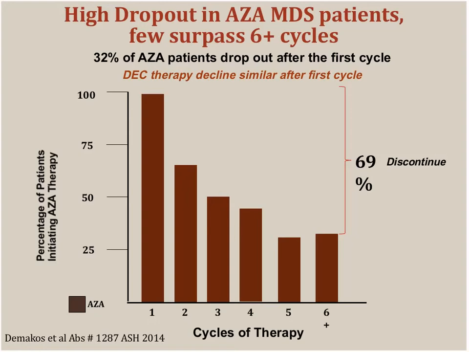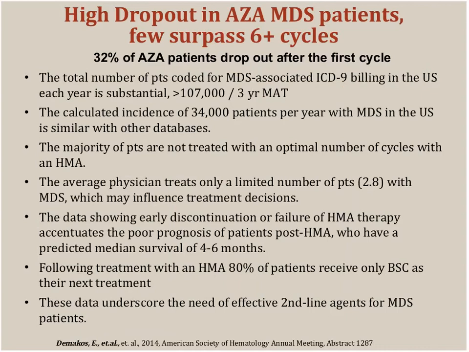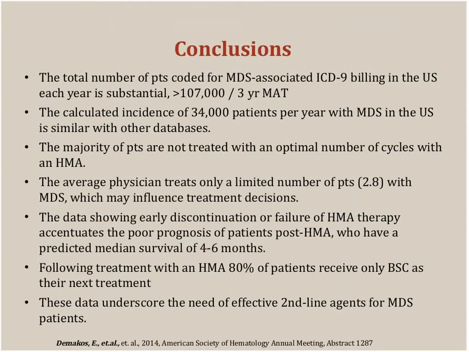So disappointing that more than half the patients received well less than the optimal number of HMA-based cycles, and only 31% of patients actually received HMAs out to 6 cycles, and decitabine had a similar decline after the first cycle. So this shows a relatively small number of patients that get out to 6 cycles.